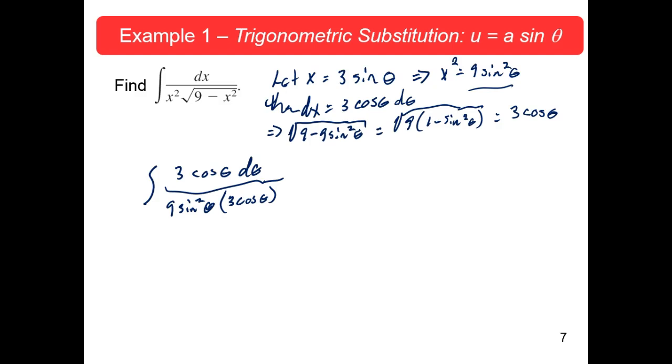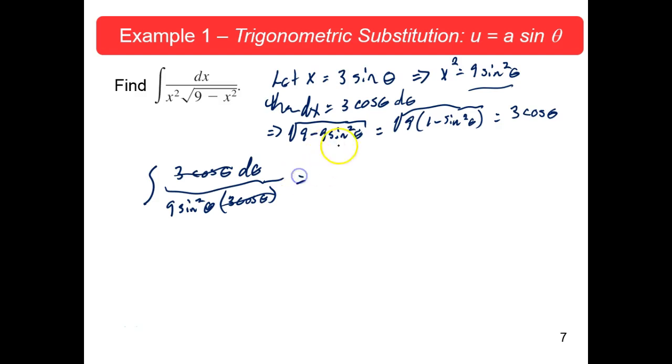So there's your dx, there's your x squared, and there's your radical. Ha! I see something that can go right now, don't you? The 3 cosine theta divides out, numerator and denominator. Okay, we still got a little ways to go now.